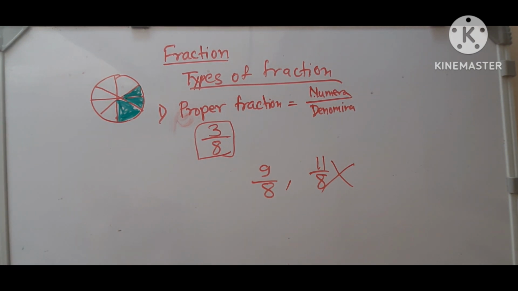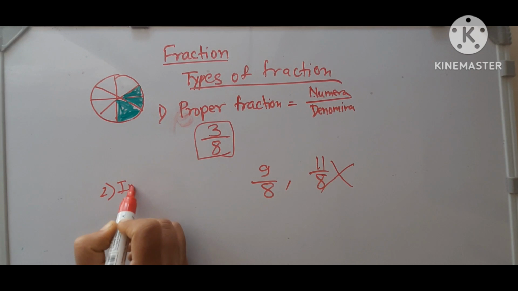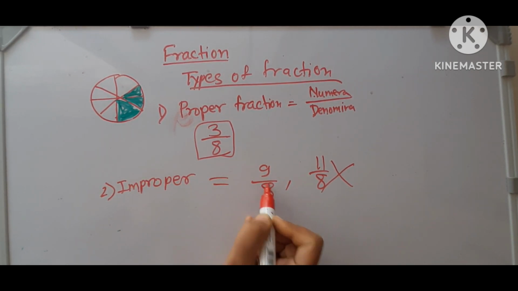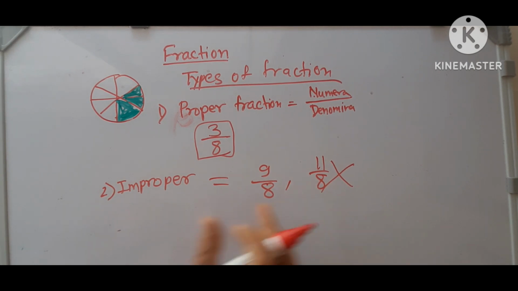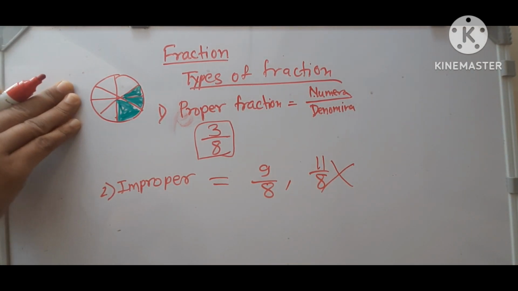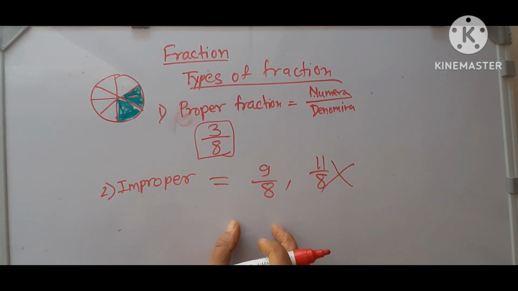The second is improper fraction. Just like this, these are not proper fractions. I can't say 9 by 8 of the pizza is eaten or 11 by 8. When the numerator is greater than the denominator, they are improper fractions.